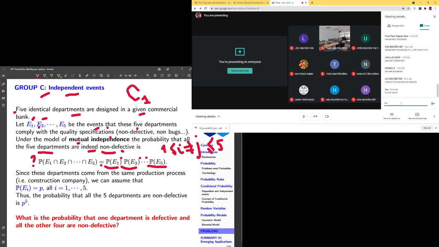Okay, now we can move on. Because they are independent, that joint probability must be calculated like this, okay?